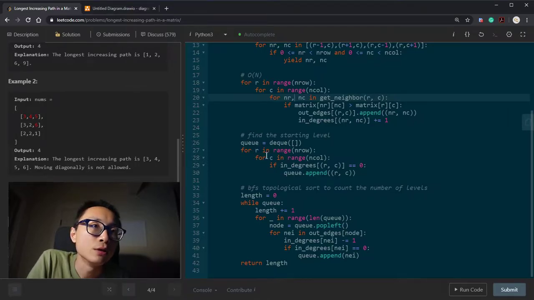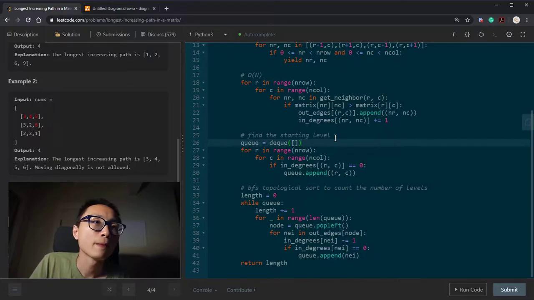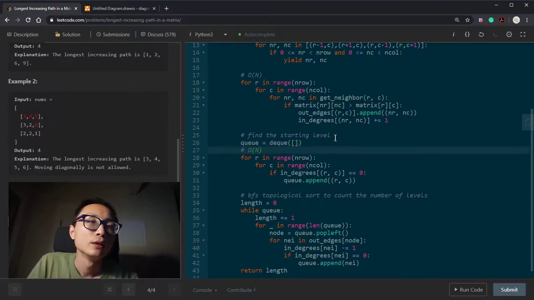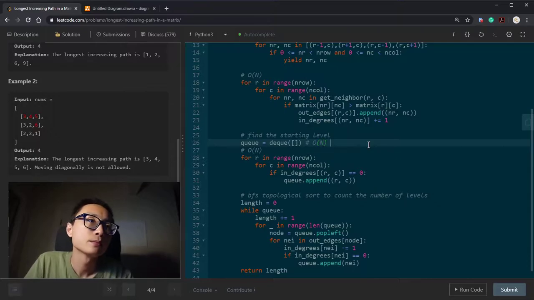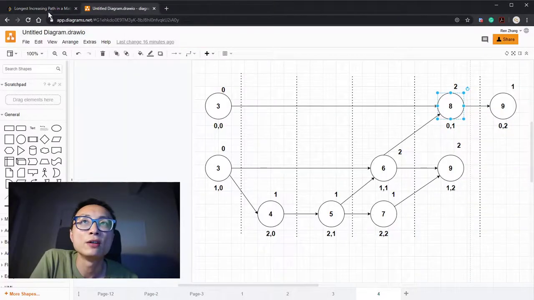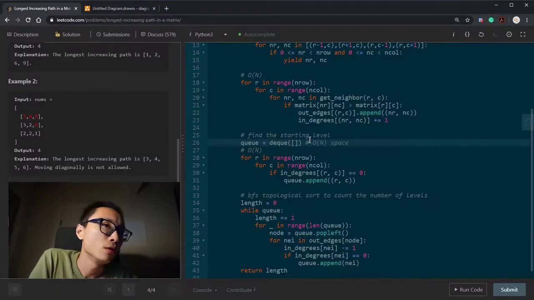This is also order of n here, you can see. And the queue, I guess the worst case for the queue is going to be order of n as well. That's the case when the matrix just has the same value all around.